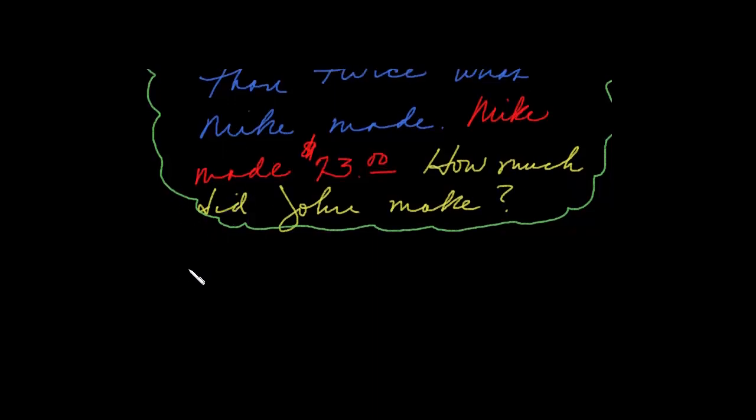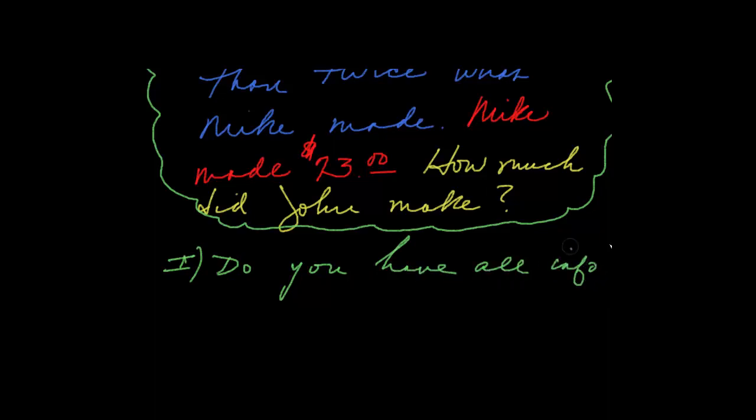The question is, do you have all of the information? Abbreviate here, all info. And if not, what can you still do?